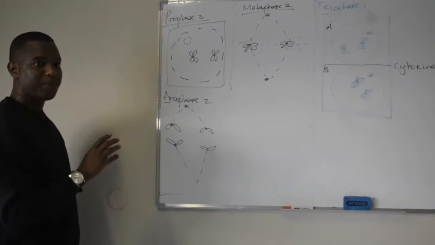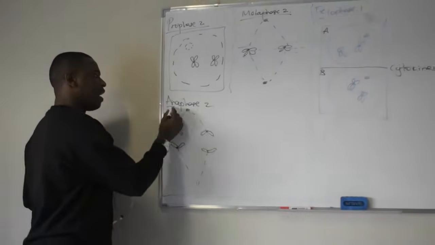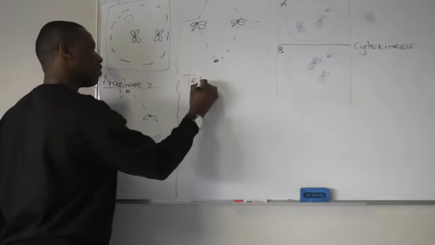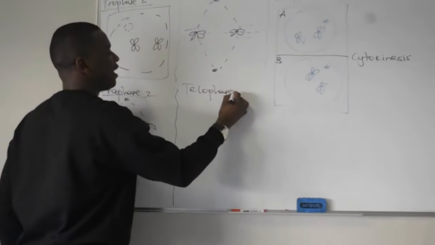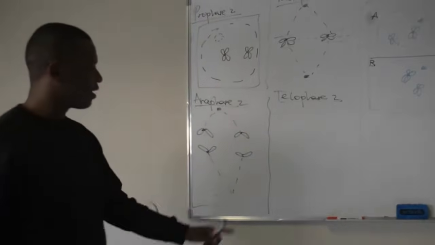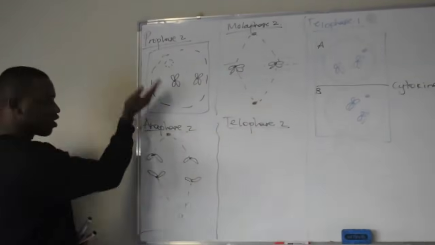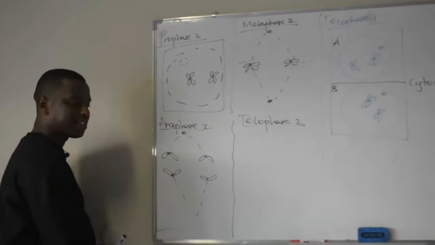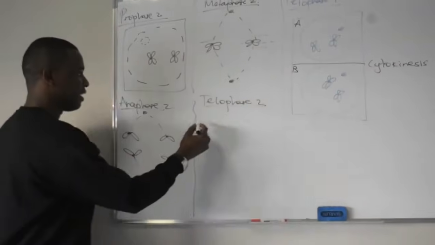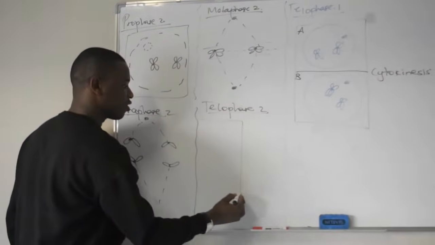It's clear? All right. And then we move to telophase 2. Still the same thing. This one goes that side, this one goes this side. And then we're going to have the process of cytokinesis. So I'm going to have something like this.